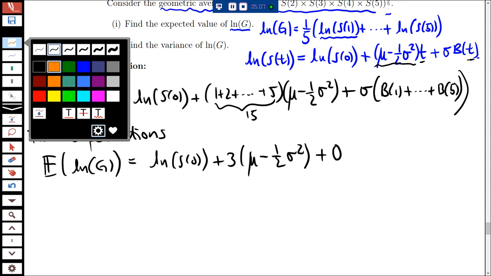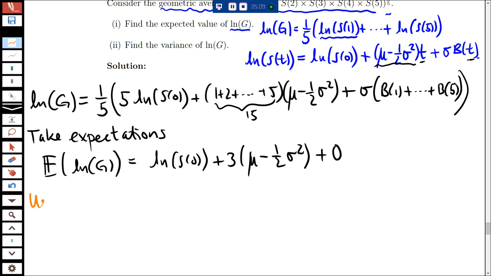So let me just make a note of what was going through my head there. So we're using the following results. The expectation of a plus bx is, well, a is just a constant, b is a constant. If you take the expectation, the a stays where it is, the b comes to the front, and we take the expectation of x.